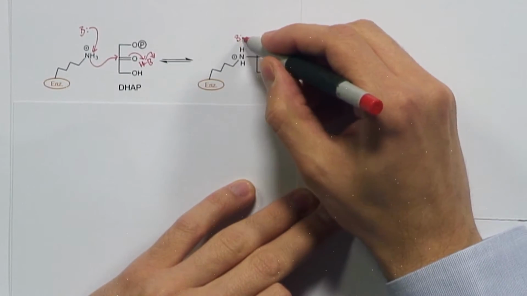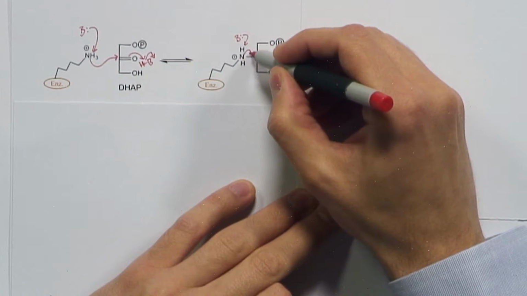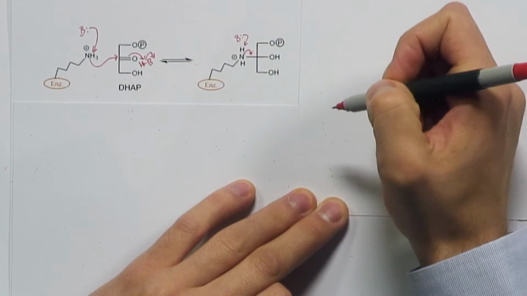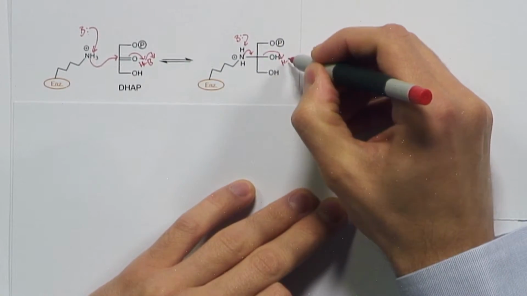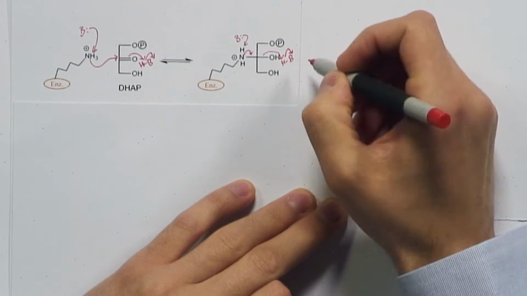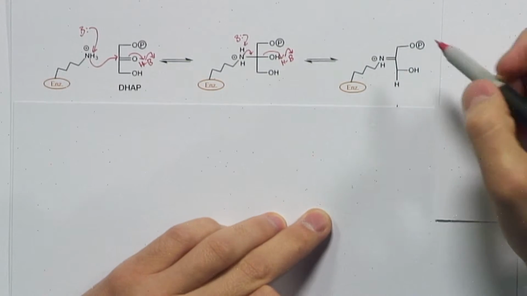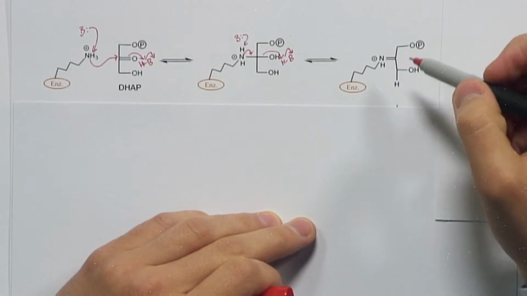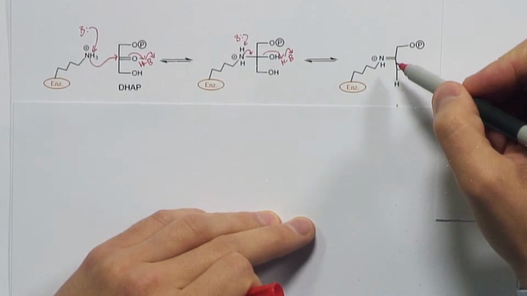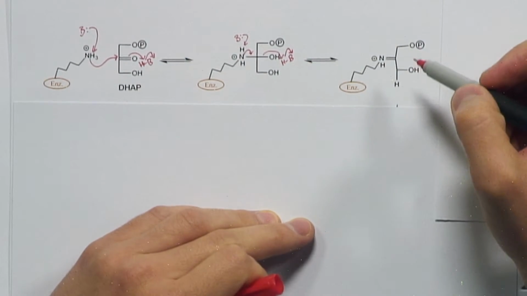Once again, we need a base that will take this proton, and then the water will need another acid molecule to leave. So what we have formed here is the protonated Schiff base, or what we call an iminium ion.